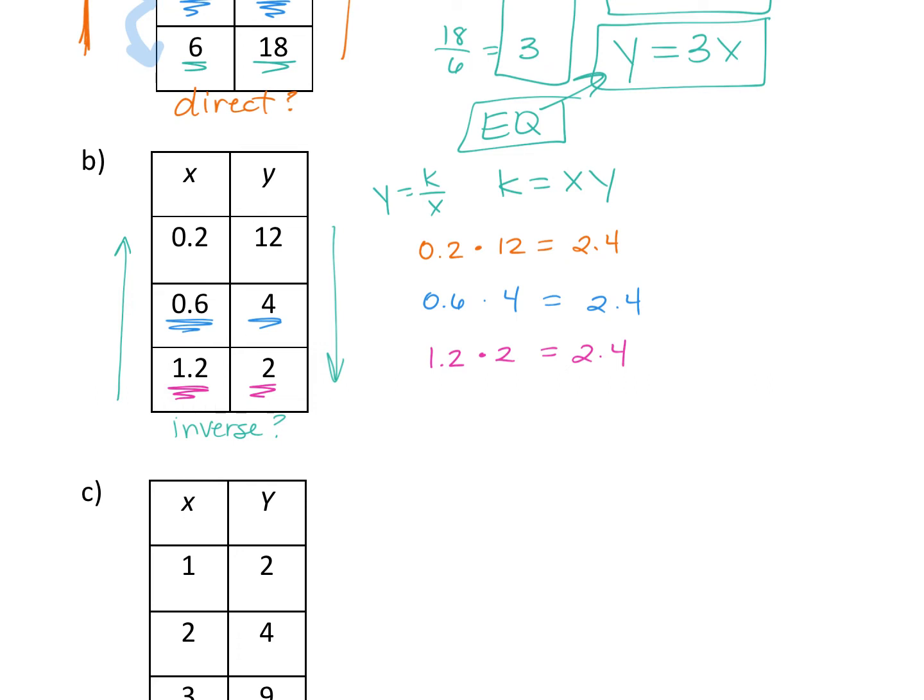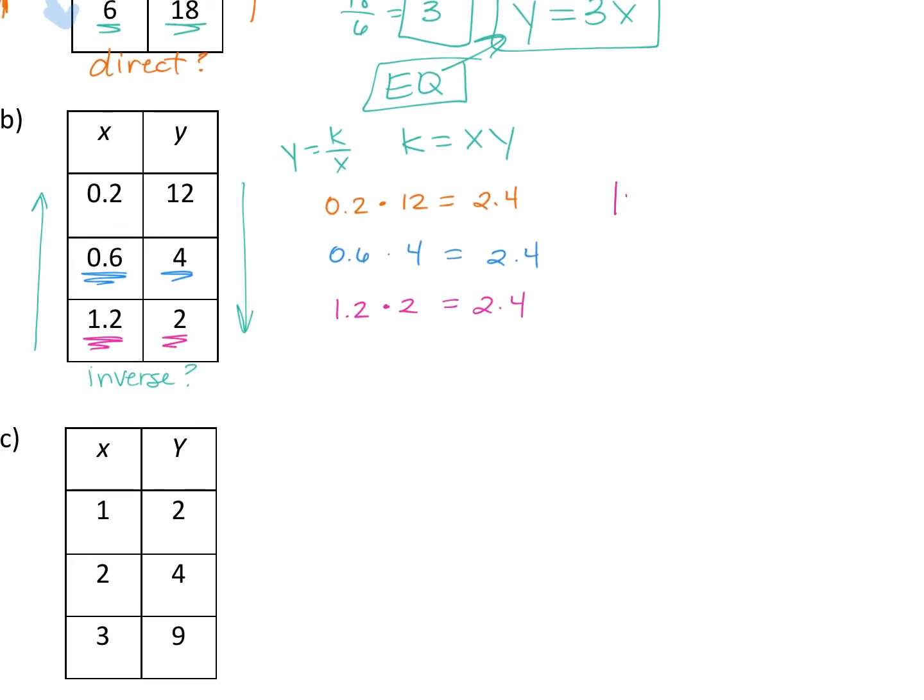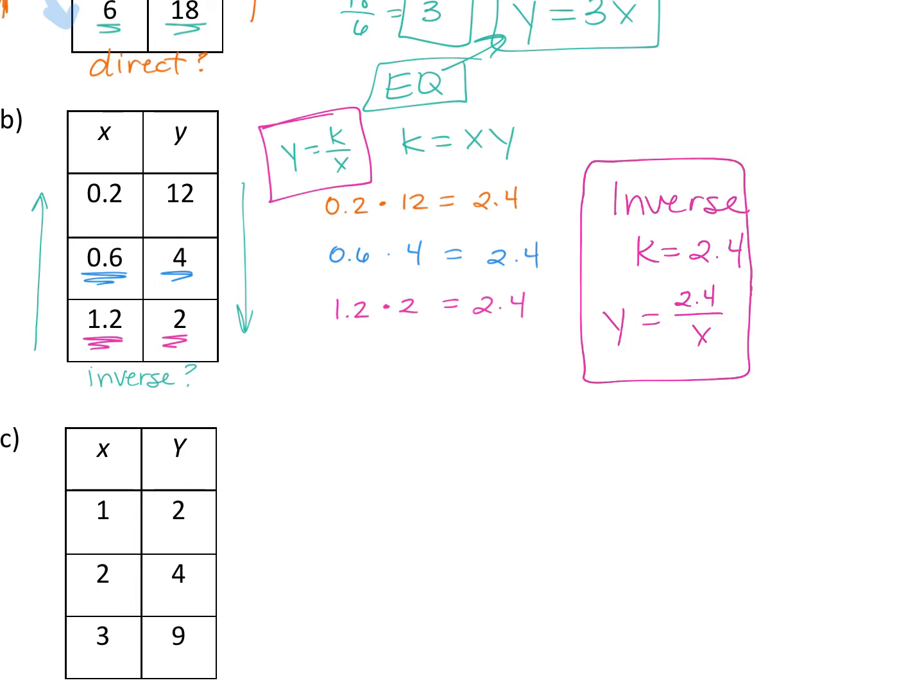Yeah, k is 2.4. So we would say this is inverse variation. Our k value is 2.4. So my equation would be y equals what? 2.4 over x. Does that make sense? Okay.